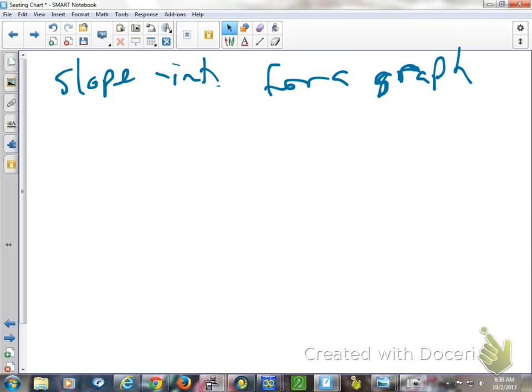That's slope formula. I'm looking for slope-intercept formula. No, that's point slope form. Christian. Y equals mx plus b.